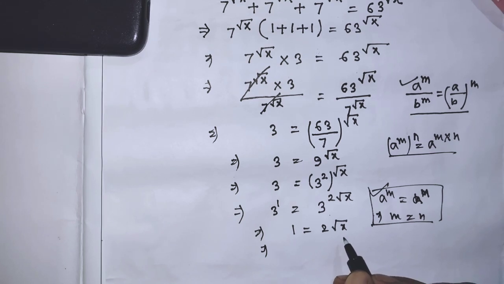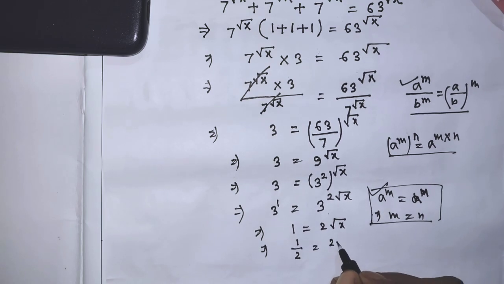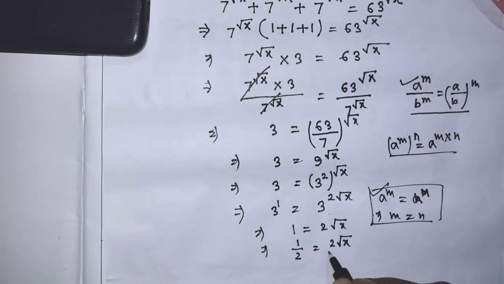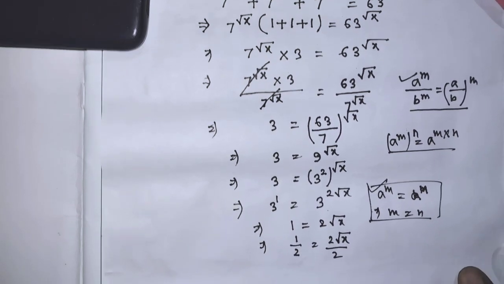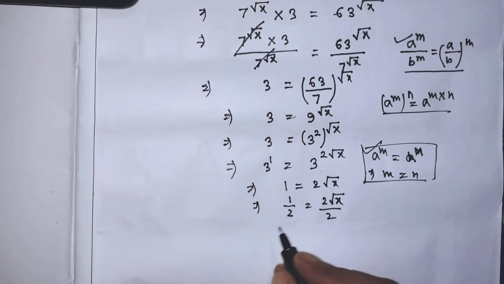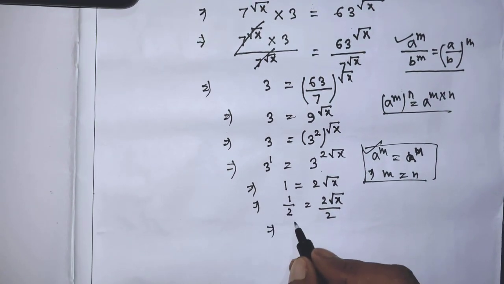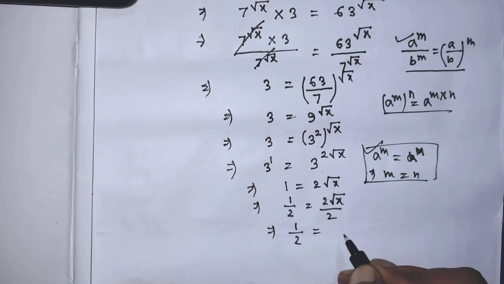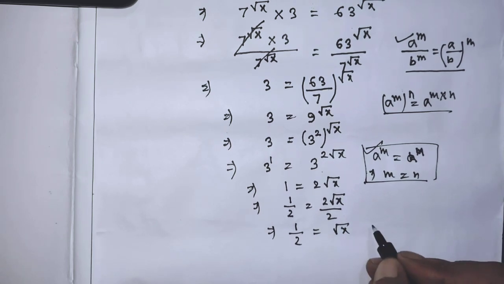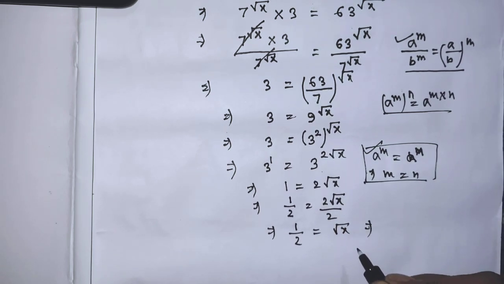So guys, now we have to divide the left hand side and right hand side of this equation by 2. So it will be 1 over 2 is equal to 2 times square root of x by 2. So guys, after that it will be 1 over 2 is equal to square root of x. So now we have to take square on both sides of this equation.